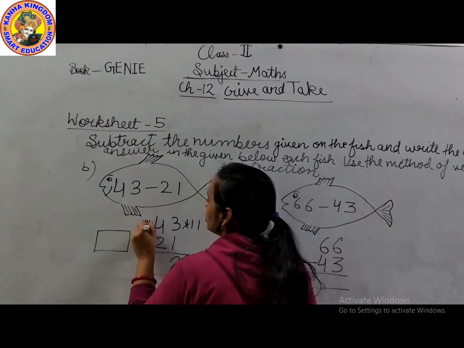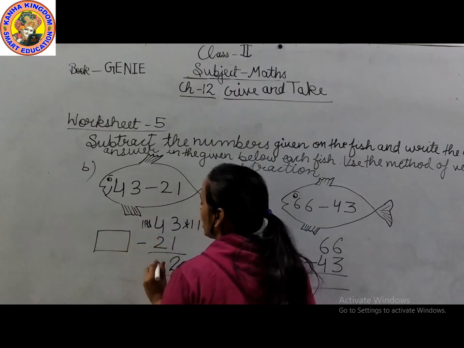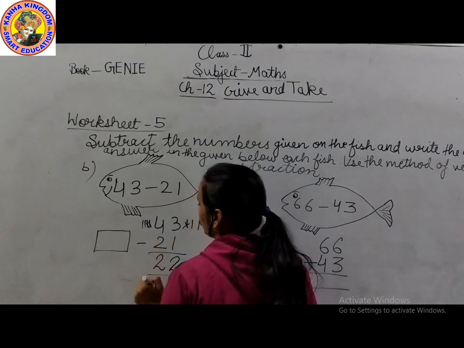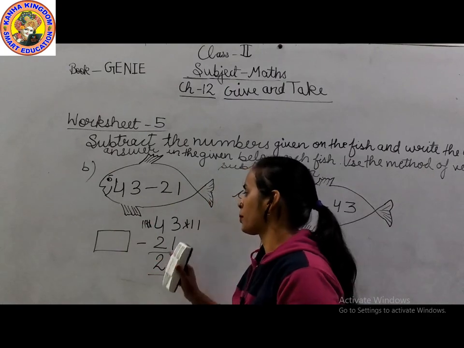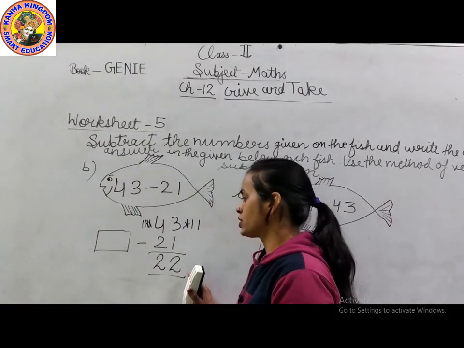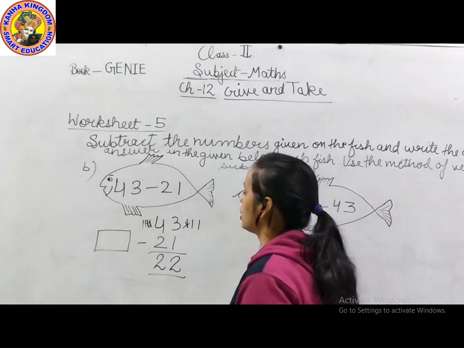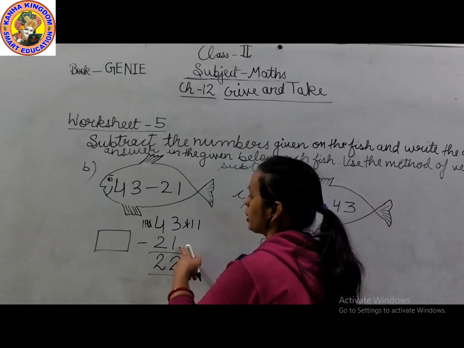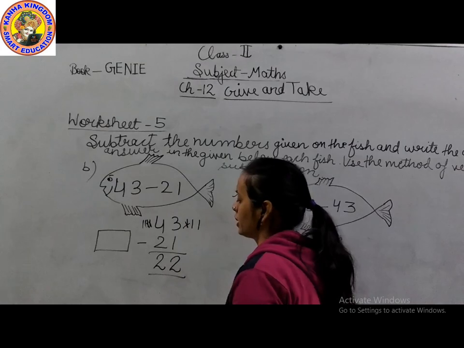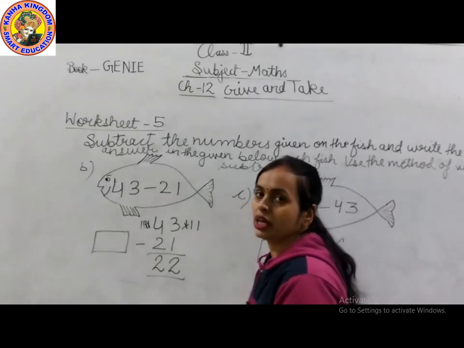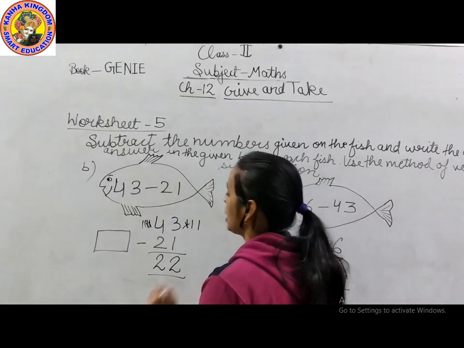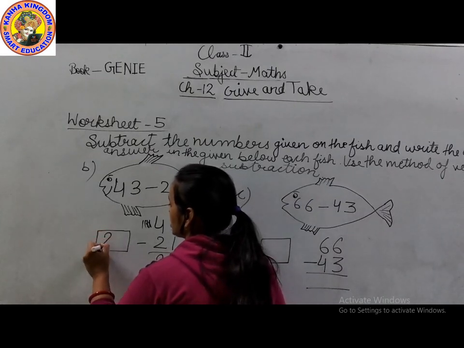So, take away 2. How many left? 2. Means 4 minus 2 equals 2. So, when we subtract 21 from 43, we get our answer 22. So write this answer in this box.